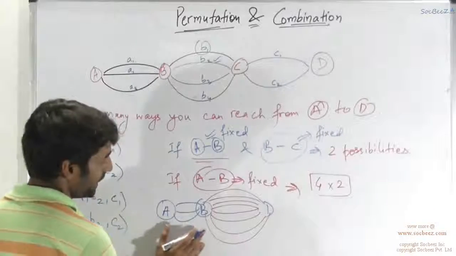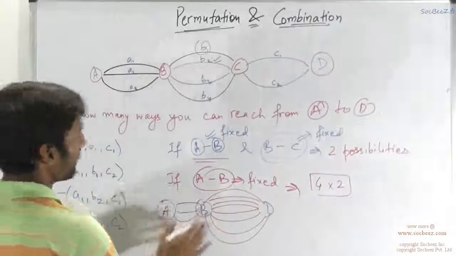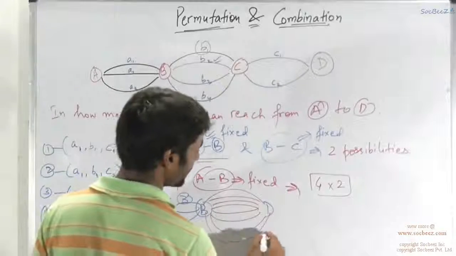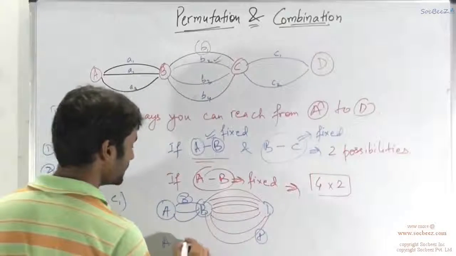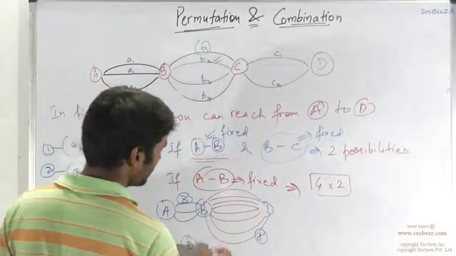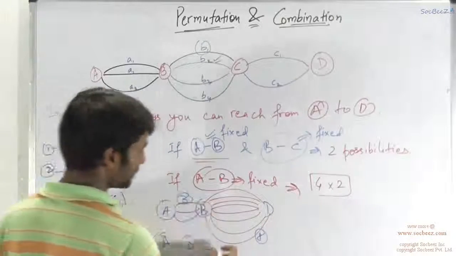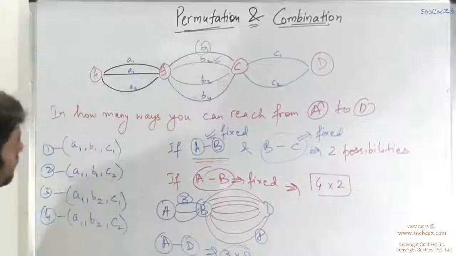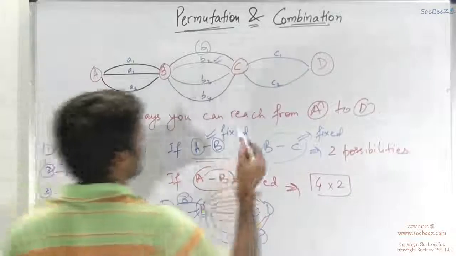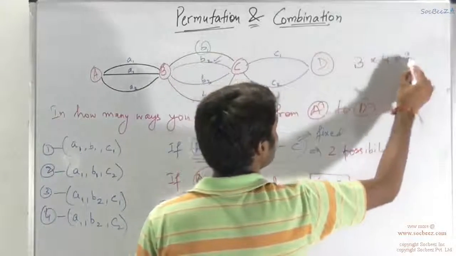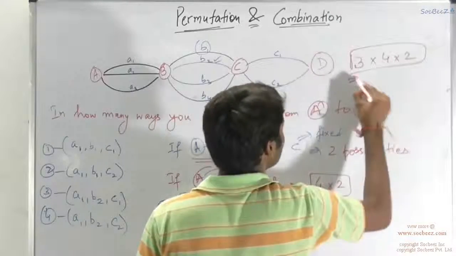You can choose one path from A to B in 3 ways, and you can choose from B to D in 8 ways. So from A to D, by the multiplication principle, you will get 3 into 8. So the solution is 3 into 4 into 2, which equals 24.